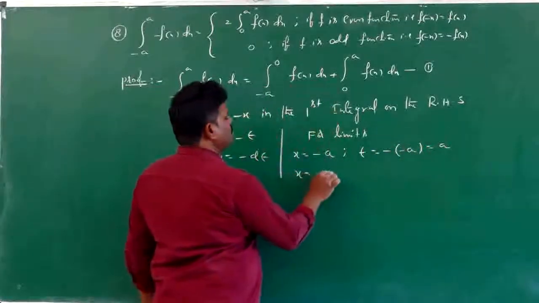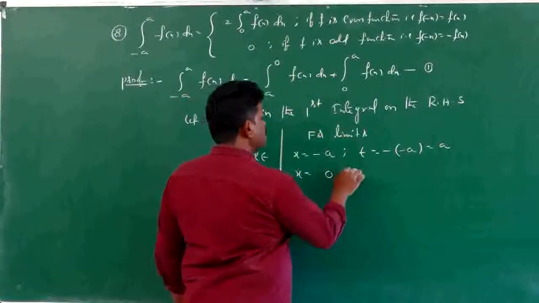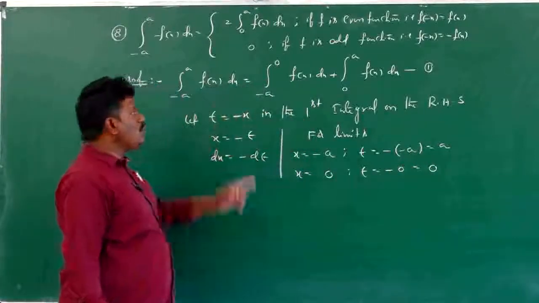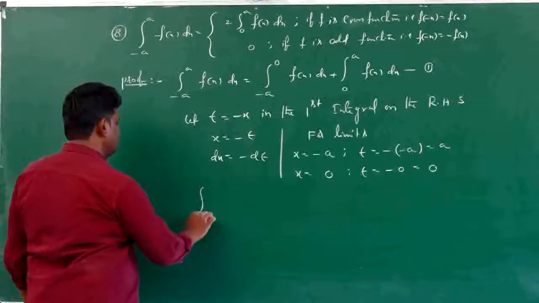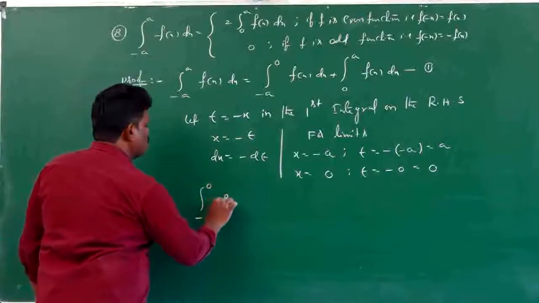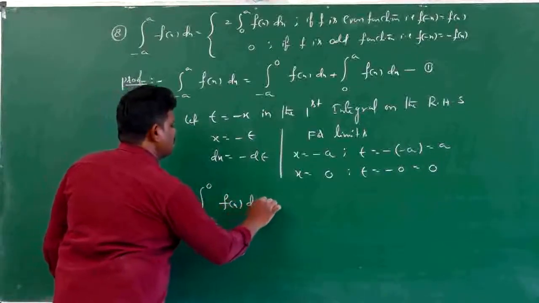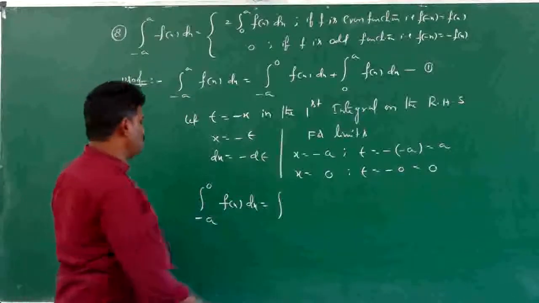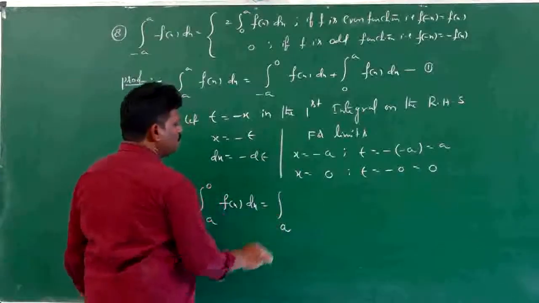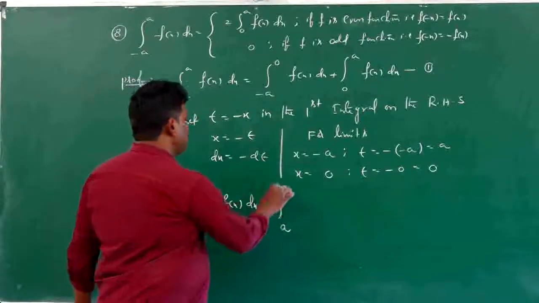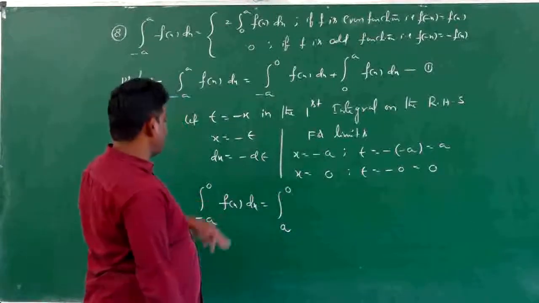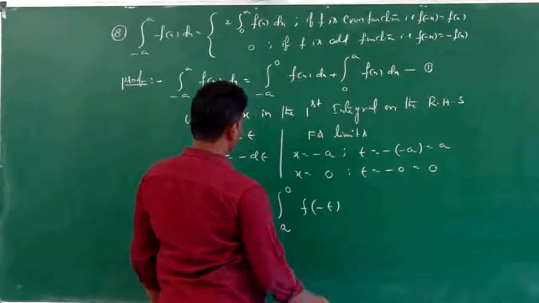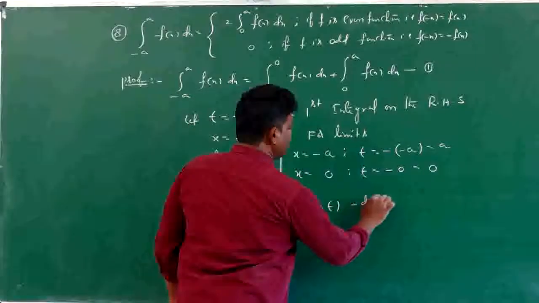Now when x is equal to 0, t is equal to minus 0, that is equal to 0. Now the first integral, minus a to 0 of f of x dx, is equal to the integral with x equal to minus a meaning t equal to a, and x equal to 0 meaning t equal to 0. Then f of x is f of minus t, and dx is minus dt.